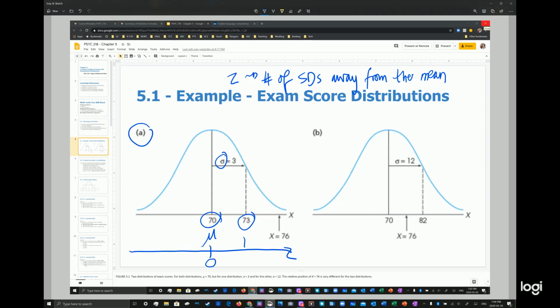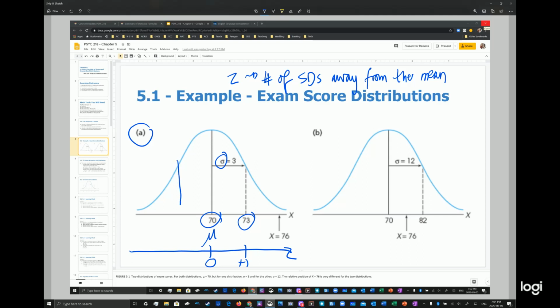A score of 70 in distribution A would have 0 standard deviations away from the mean, so the z would be 0. And a score of 73 would be 1 standard deviation away from the mean, or above the mean in this case, because it's already been given that the standard deviation, sigma, for this distribution is 3.